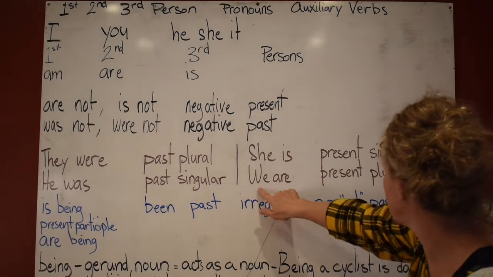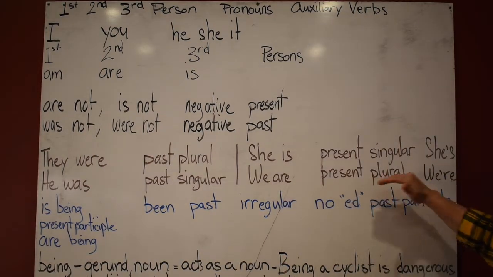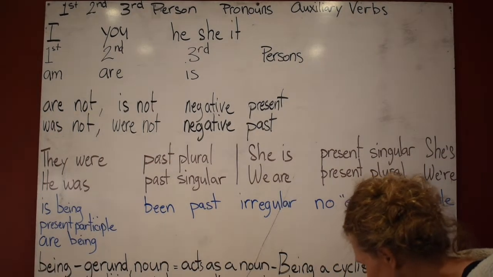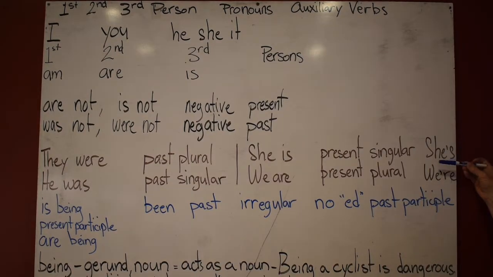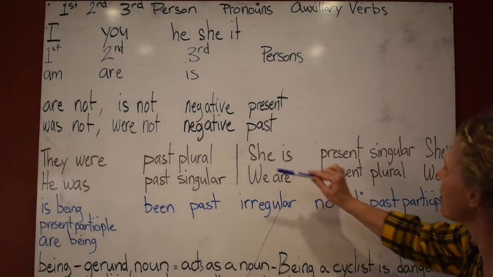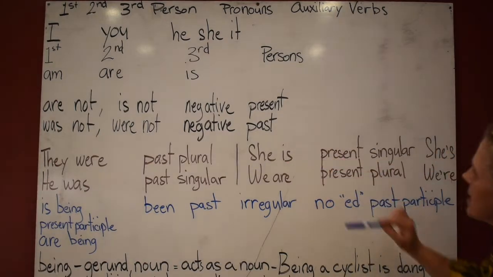This is plural and this is plural. Present plural. Now we're going to talk a little bit about contractions, and I think this is super interesting. So we have she is, she's, we are, we're. That's what this means. We're, we are, she's, she is.